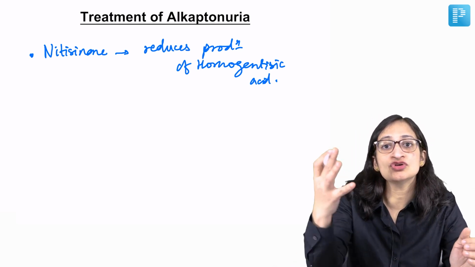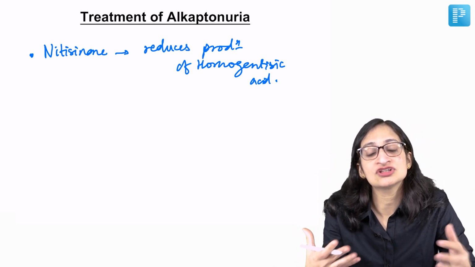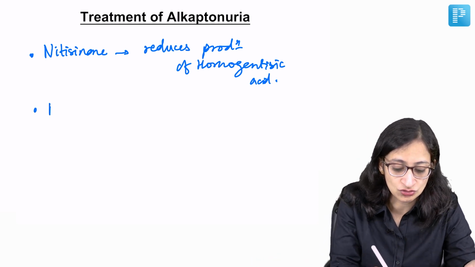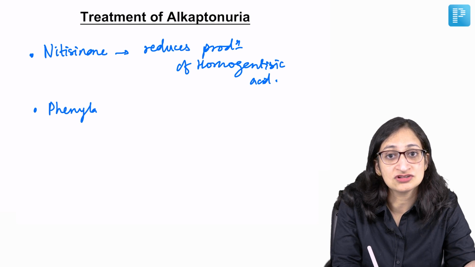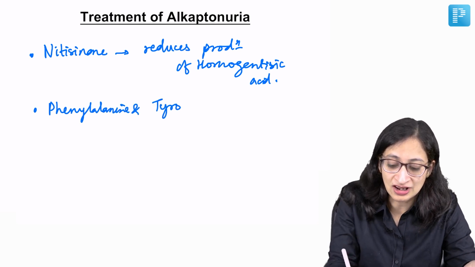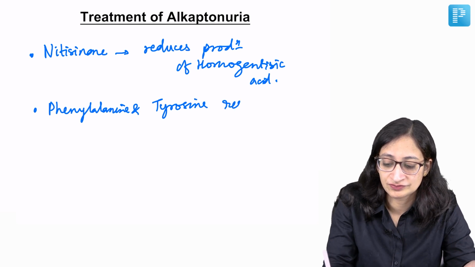If you give excess phenylalanine and tyrosine, more homogentisic acid is going to be formed, right? So you have to use a phenylalanine and tyrosine restricted diet.